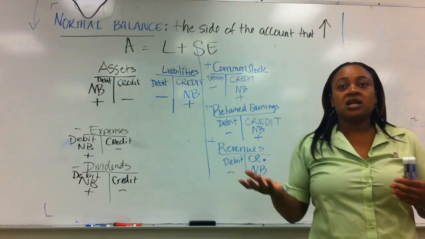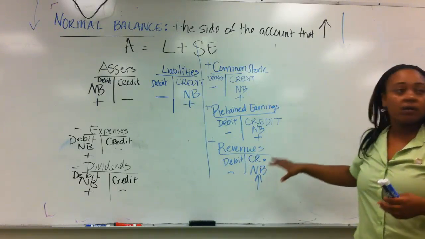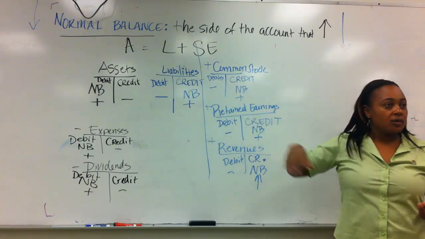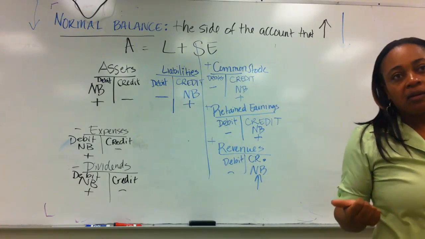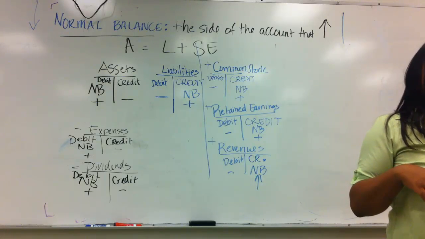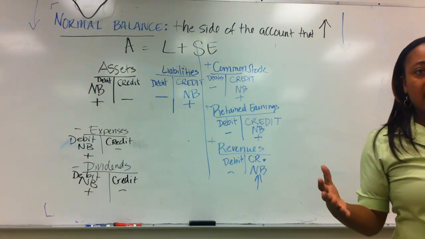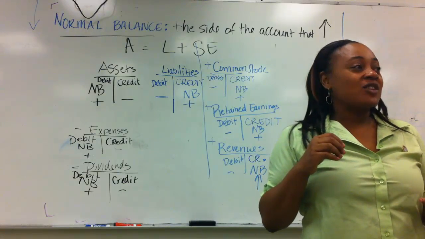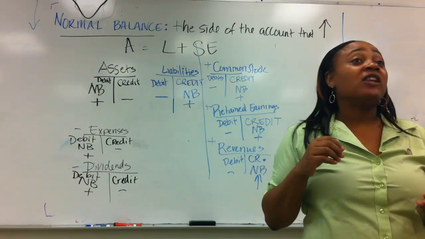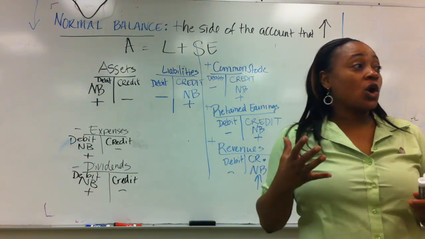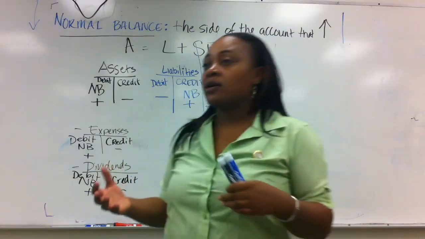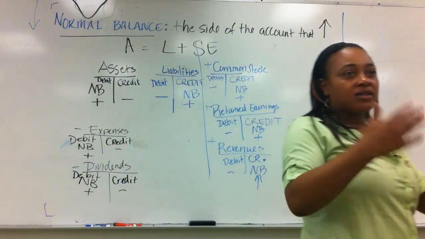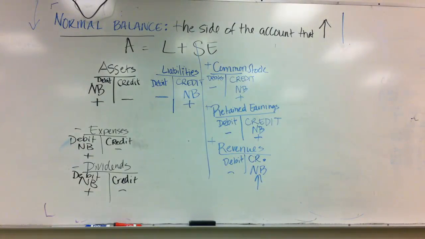Those would be examples of revenue accounts. Examples of liabilities would be accounts payable, notes payable, mortgage payable, and unearned revenue. Unearned revenue would be an example of liability because you are in debt to your customer for amounts they paid you in advance.